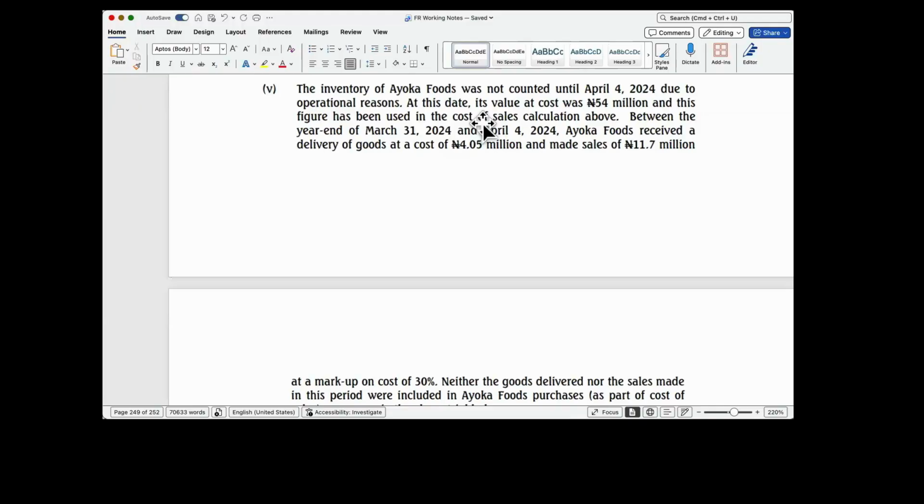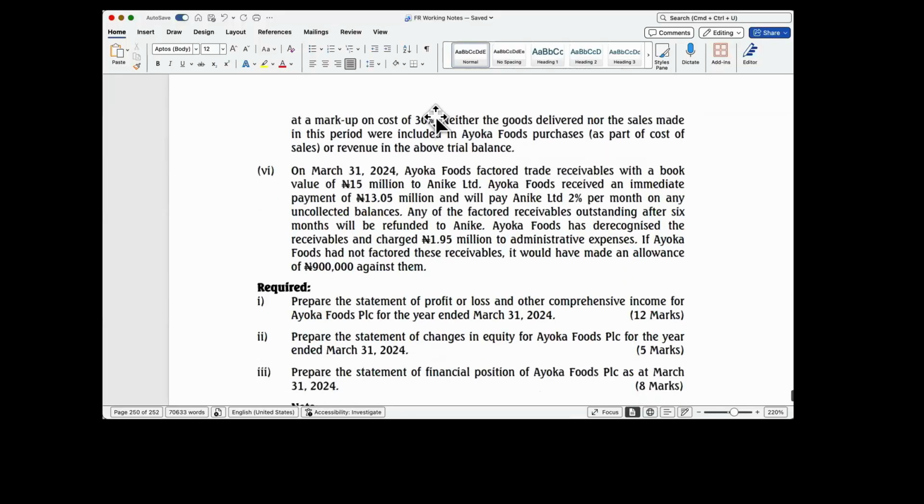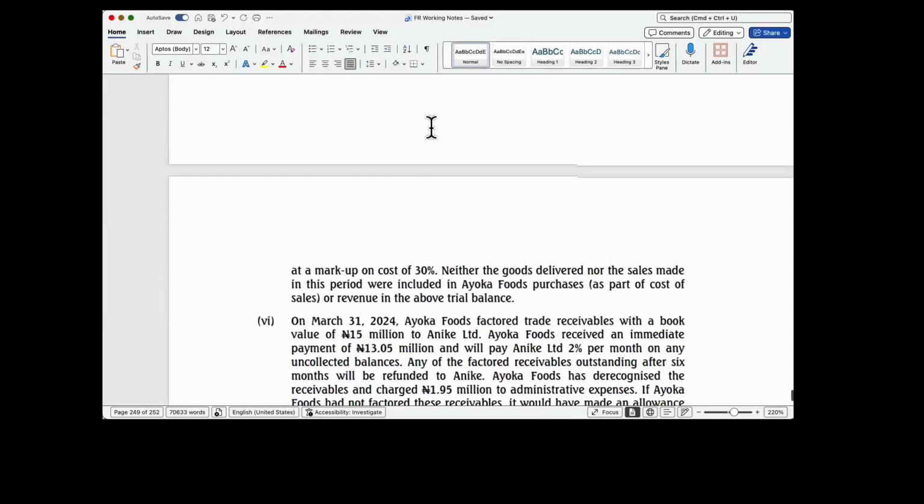I need the cost of the inventory, because inventory is measured at the lower of cost and net realizable value. The net realizable value is this 11.7 million apparently, because they told me they usually sell at a markup of 30%.